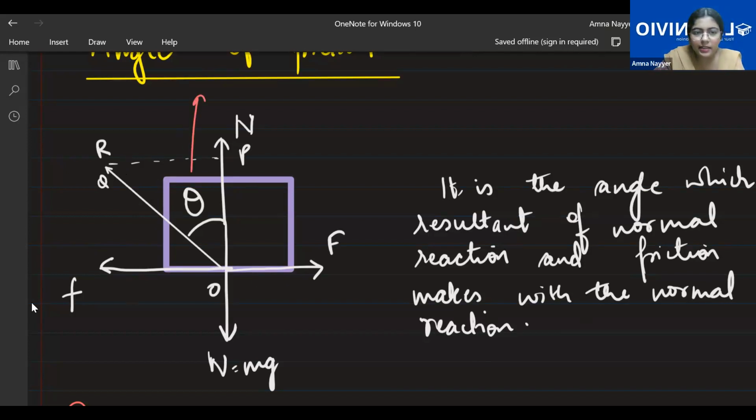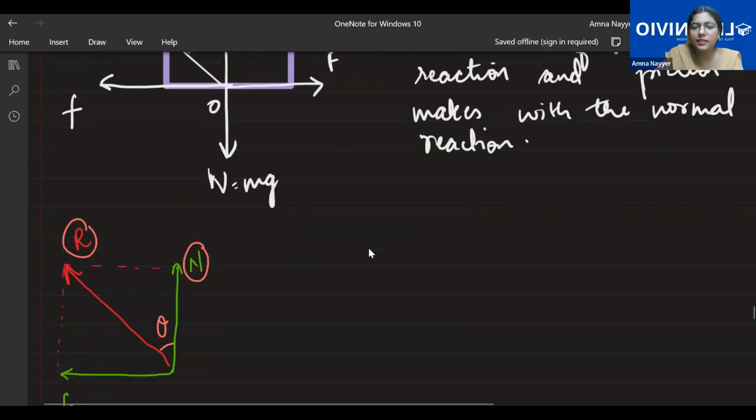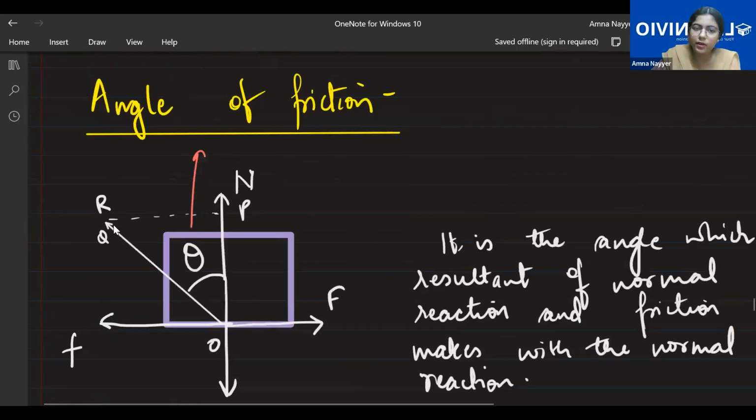Now this R, N and O here, I just marked a point here, which is P, and here it is Q. So if I just write down tan theta, it's better if we take this triangle. If we take tan theta, what we get? This will be the perpendicular, this will be the base.